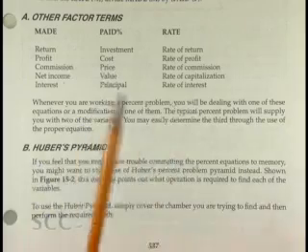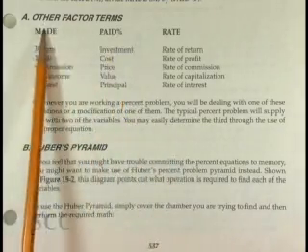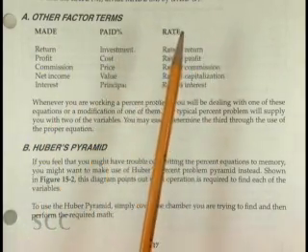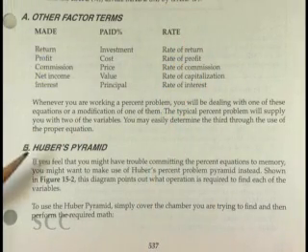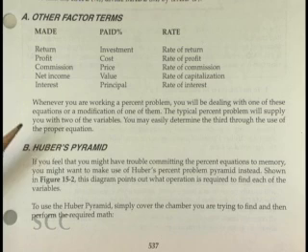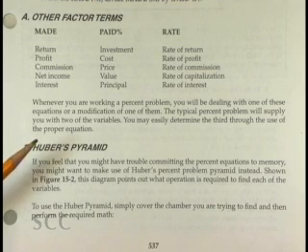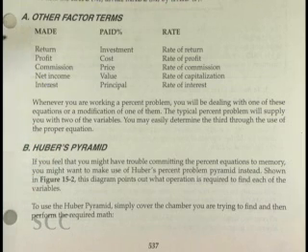Notice that what we have on the top here is made, paid, and rate. When we talk about things that we make or made, we've put some kind of effort out, some kind of work, and we've made something. Made would be things like a return.